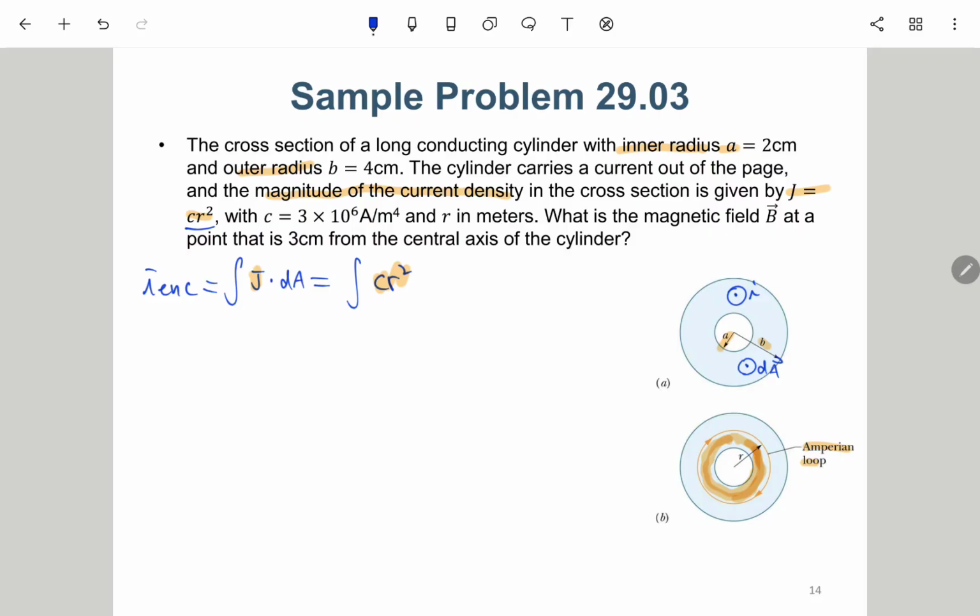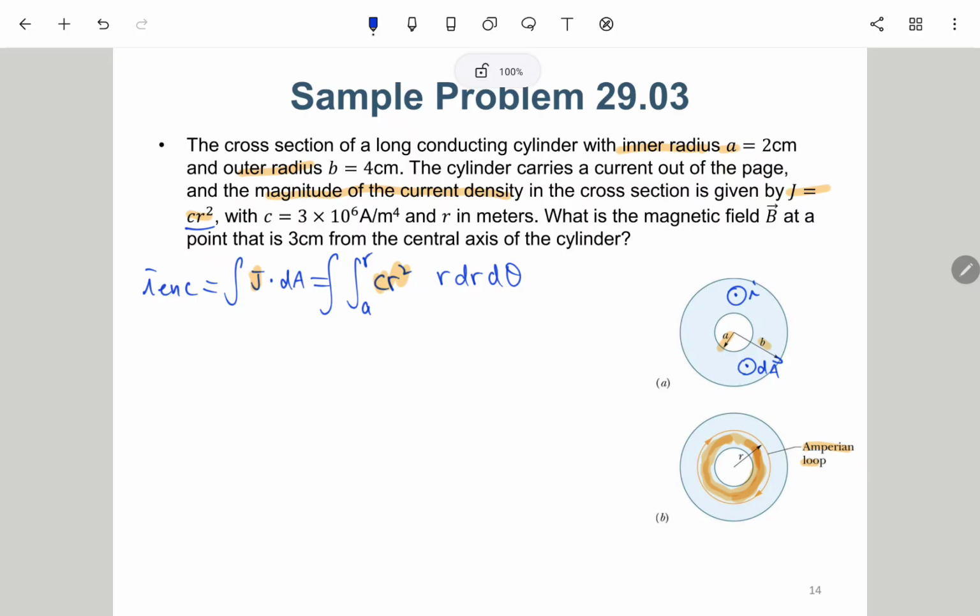For the polar coordinate, dA is R d theta, as always. So for the integration, R should be integrating from A to small r.